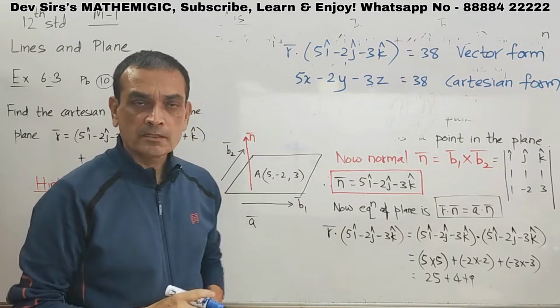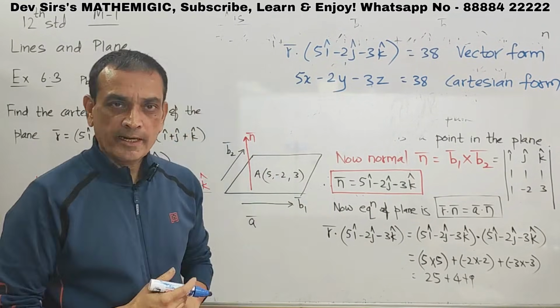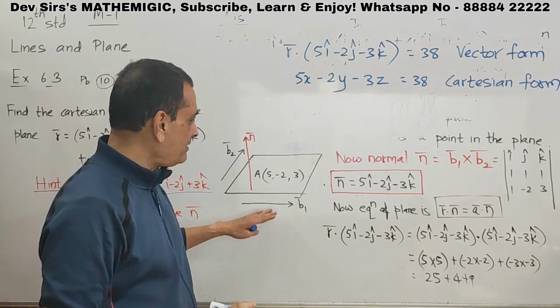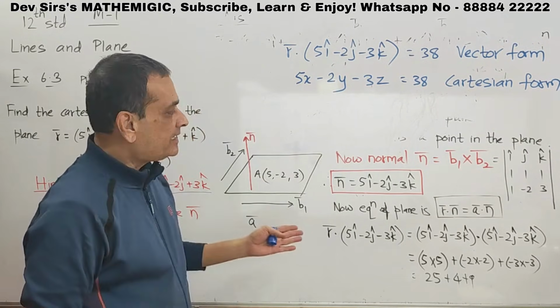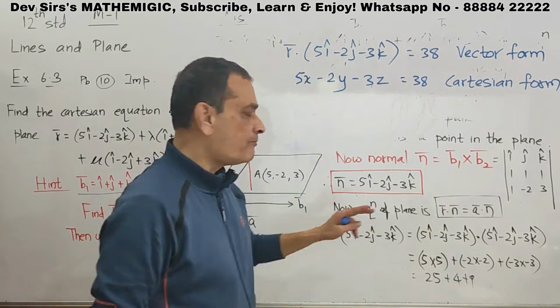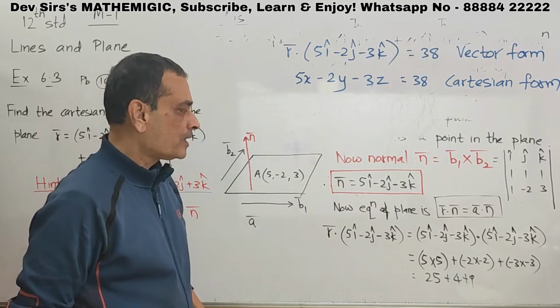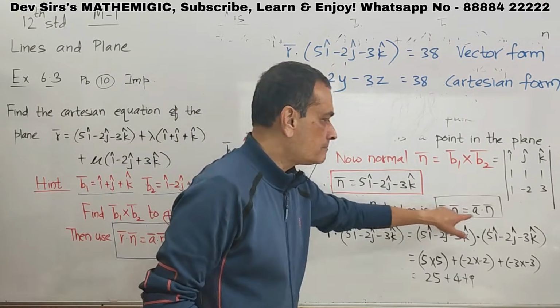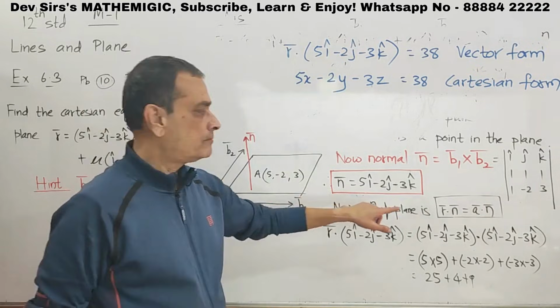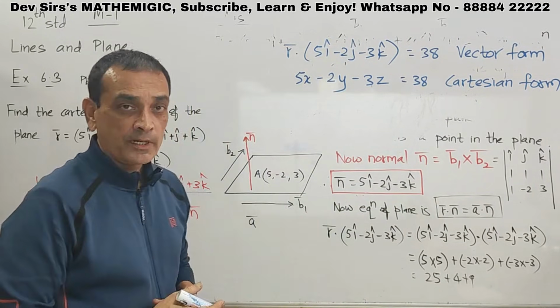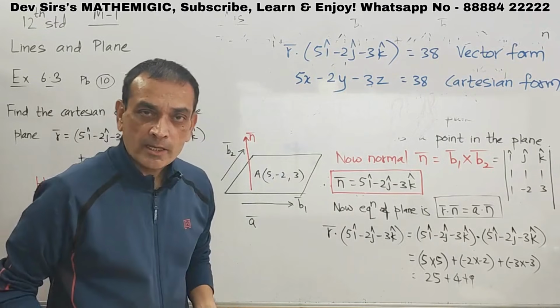Okay, that is the answer. Very simple, right? So parametric form में b1 bar and b2 bar are important, and then b1 cross b2 by which you are going to get n bar, और n bar आने के बाद सीधा फॉर्मूला यूज करना. ट्राई करो, सिंपल. ये प्रॉब्लम हो गया अभी.